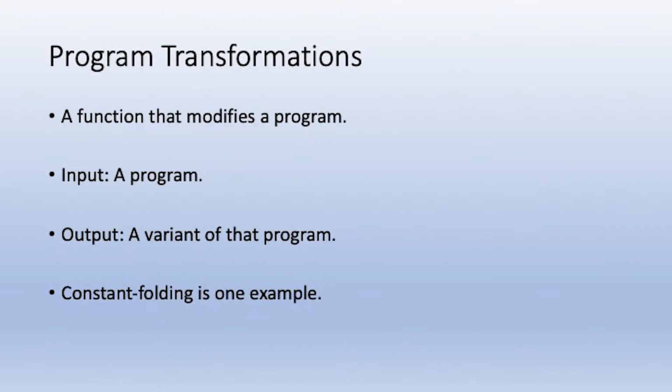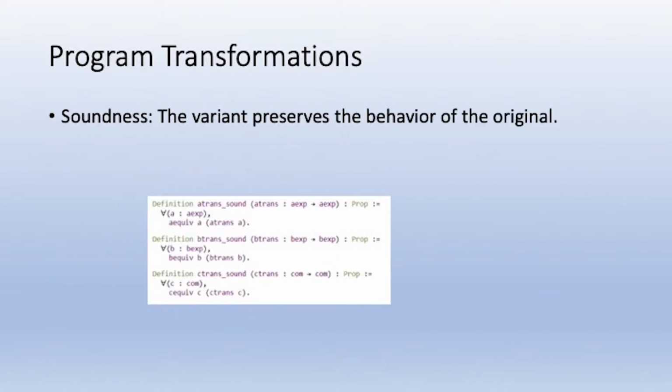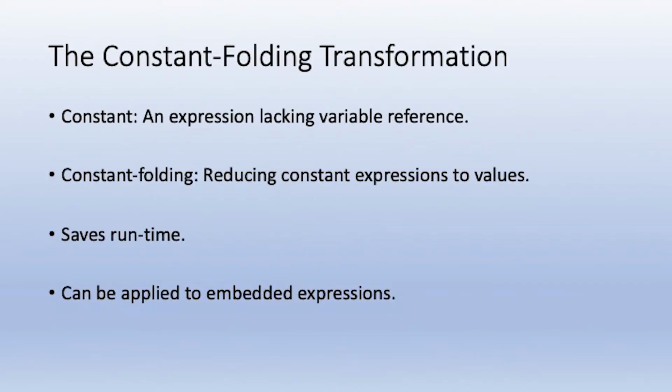Program transformations. A program transformation is a function that modifies a program, taking one program as an input and outputting a variant. Constant folding is one example. The property of soundness means that a transformation preserves the behavior of the original program. The constant folding transformation. Constant refers to an expression that lacks variable references.